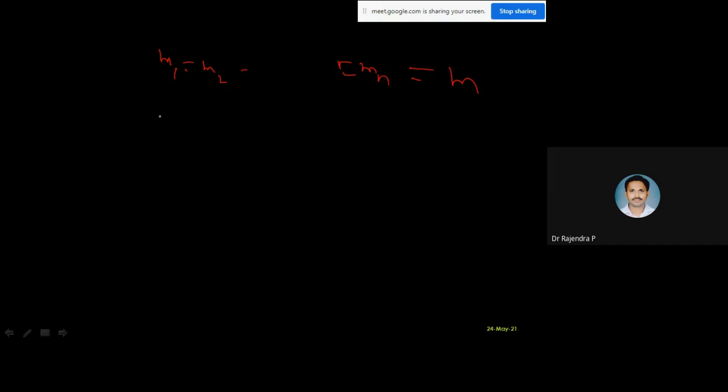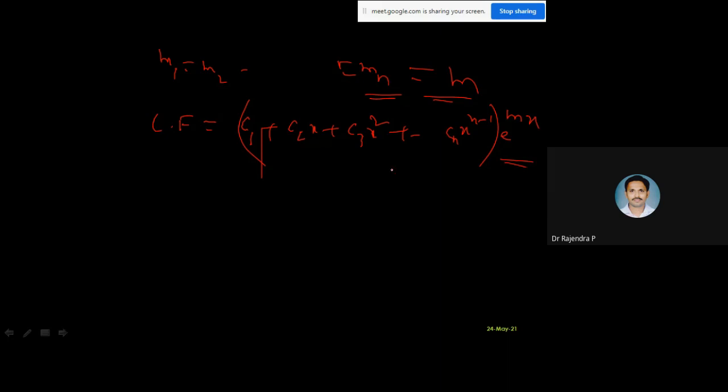In that case, we write the complementary function as c1 plus c2x plus c3x square plus and so on, cn x to the power of n minus 1, all multiplied by e power mx, because I am assuming that all n roots are equal to m.